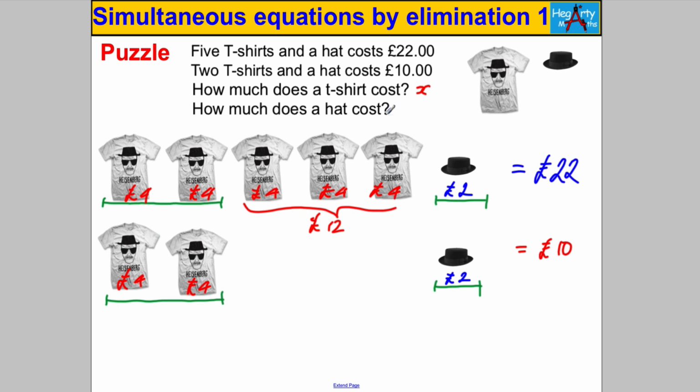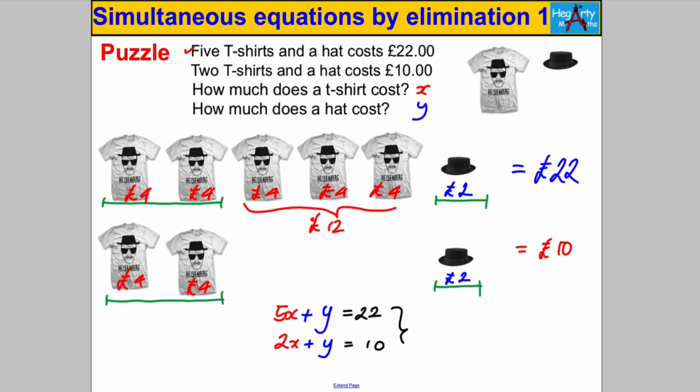We also want to know how much a hat costs, so we could call that, let's say, y. And we're told 5 t-shirts plus a hat is 22. So we could say 5x plus y must be equal to 22. And we could also state 2 t-shirts and a hat cost £10, so 2x plus y must be £10.